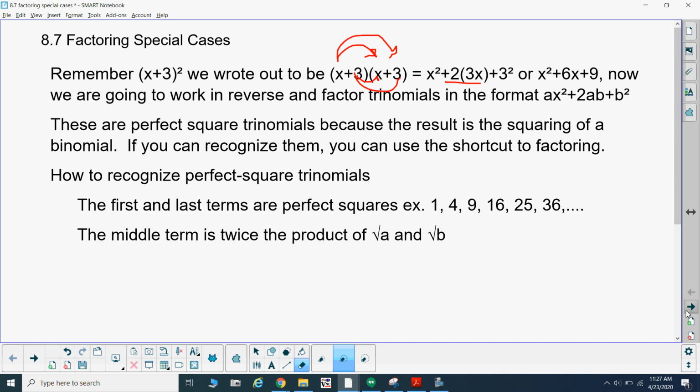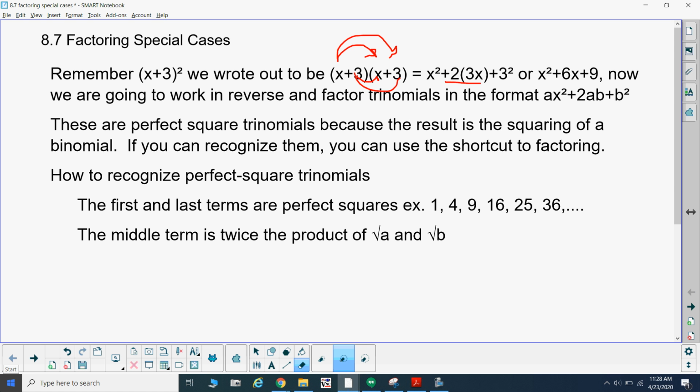Now we're going to work in reverse and factor trinomials that are in that format, a squared plus 2ab plus b squared. These are called perfect square trinomials because the result is the squaring of a binomial. In other words, it was x plus 3, that whole quantity squared, a binomial squared.